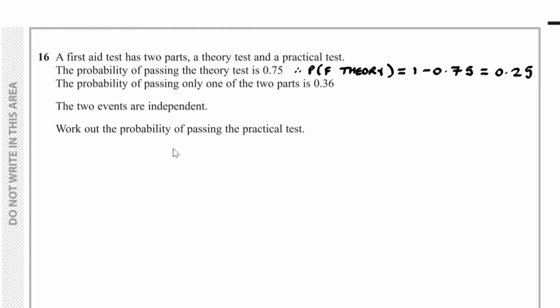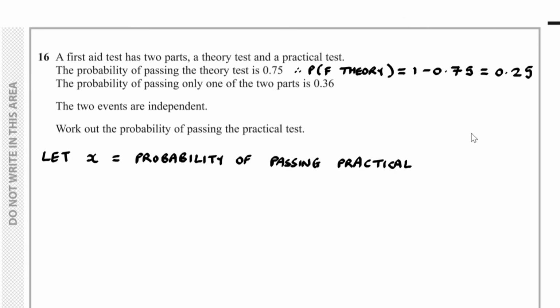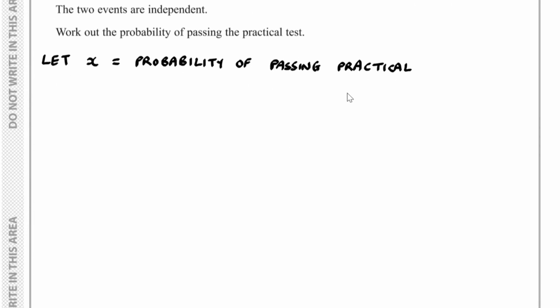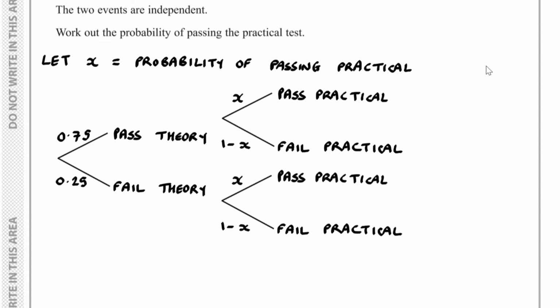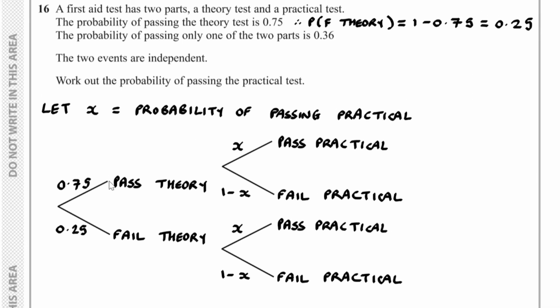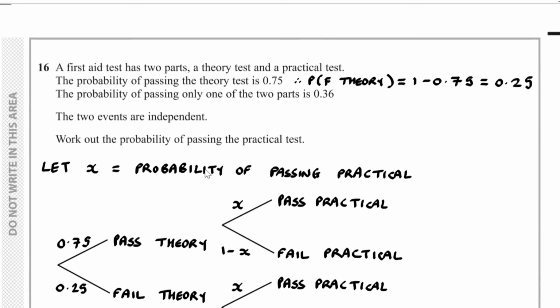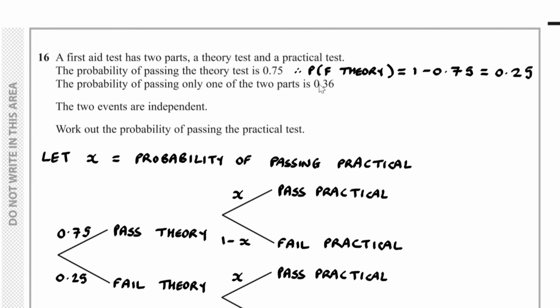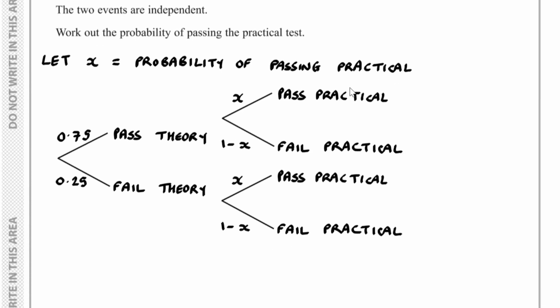Now what we need to do is find the probability of passing the practical test. If we let x equal the probability of passing the practical, then we'll create a tree diagram to model the situation. So here is a tree diagram. We've got passing the theory, failing the theory, and passing the practical and failing the practical, and we know that the probability of passing only one of the two parts is 0.36.